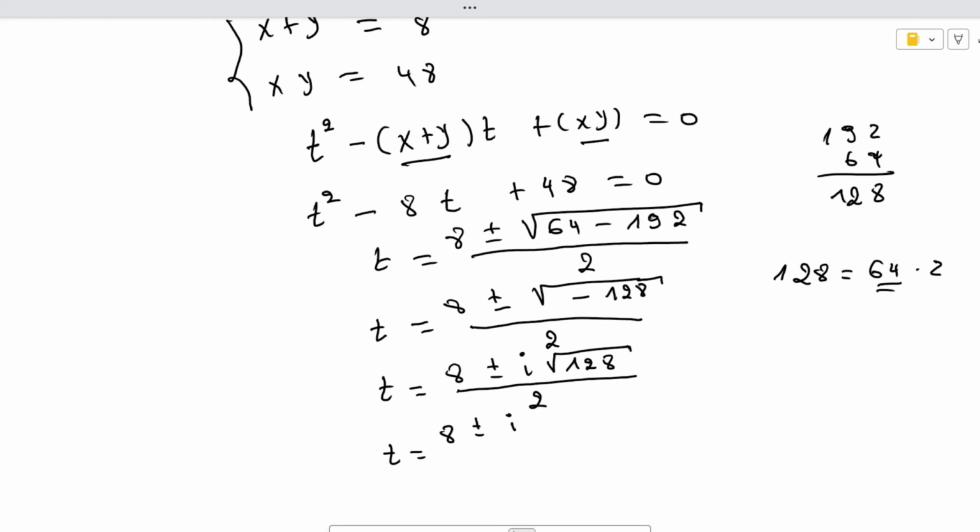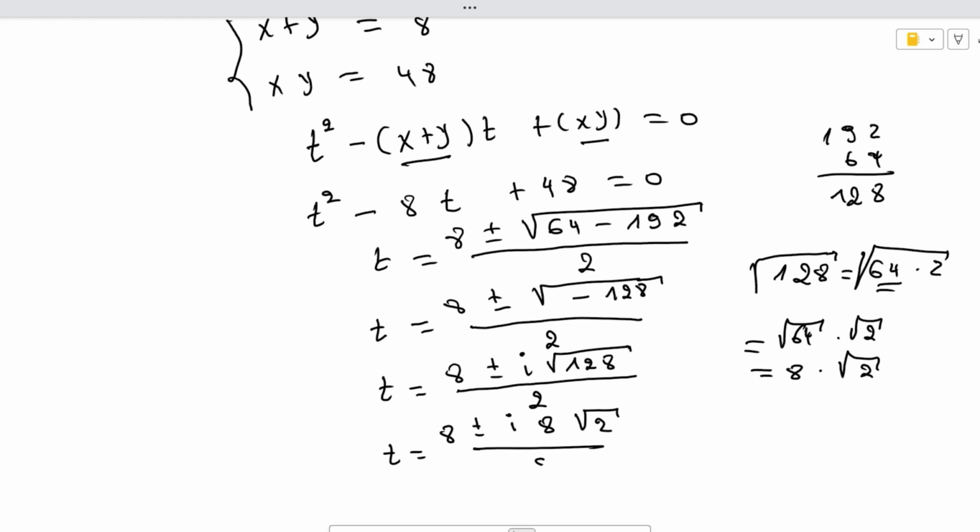And the square root of 64 is equal to what? So the square root of 128 is the same as the square root of 64 times 2, which is the square root of 64 times the square root of 2. And this is equal to 8 times the square root of 2. So this will become 8 plus or minus i times 8 times the square root of 2, then over 2.